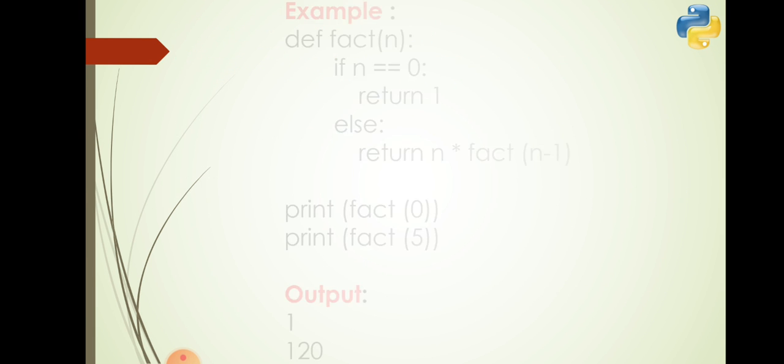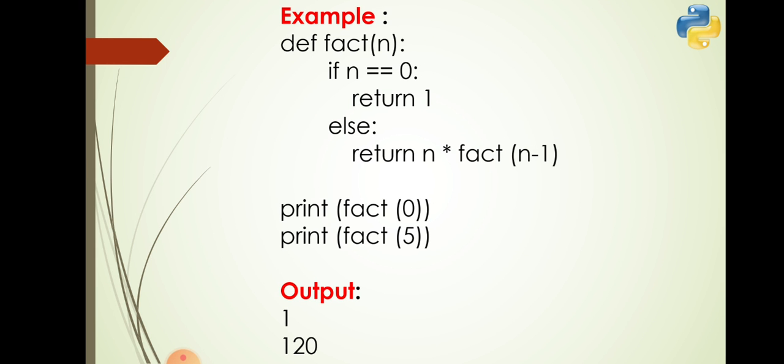This is the recursive function. The factorial of a given number is the best example of recursive functions. See that fact is the function name. If n equal to 0, return 1. Else, it executes in the format we have given. First call: fact of 0, n equal to 0, so we get the exact result, the output is 1. Second, fact of 5: n is not equal to 0, so the else part will be executed, n into fact(n minus 1).